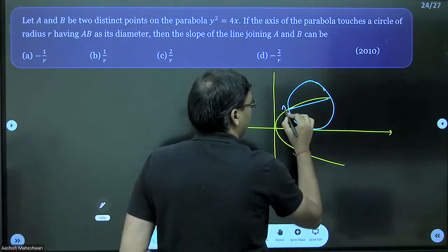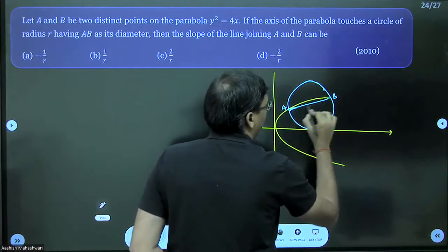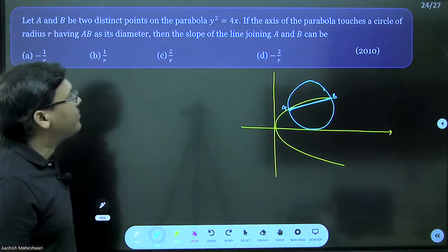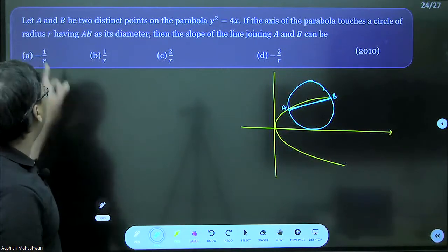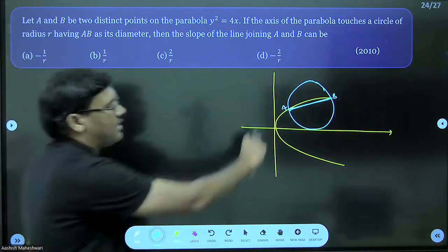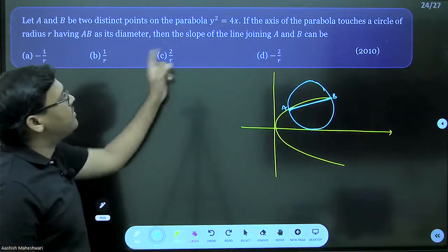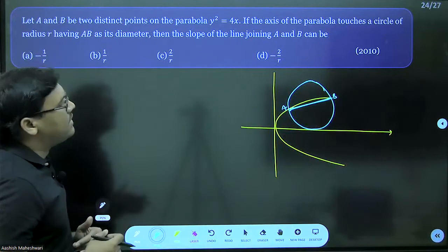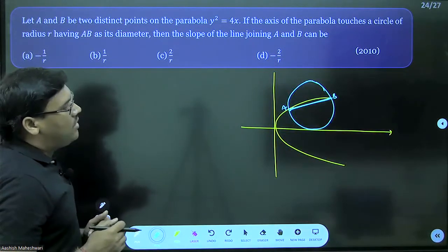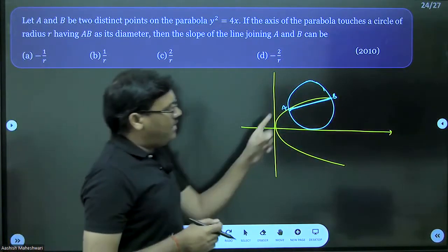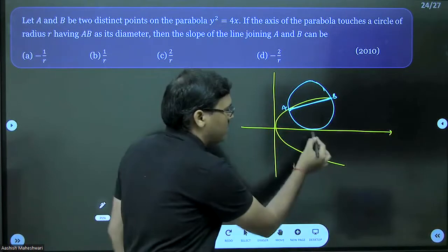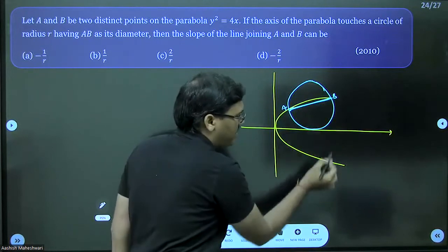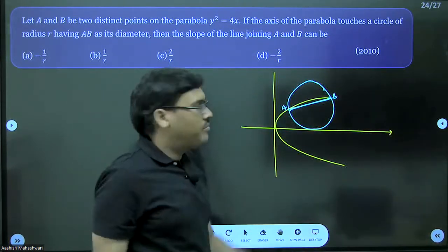This AB is the diameter of this circle, and this is touching the x-axis. Correct? Now the question is, its radius is r. Then what can be the slope of AB? Okay. So now if you want to find the slope of this line AB, you can see I can have the same diagram on this side also. It's not necessary that AB will be on this side only. I can have AB here and I can have this, correct? But that will be symmetrical.